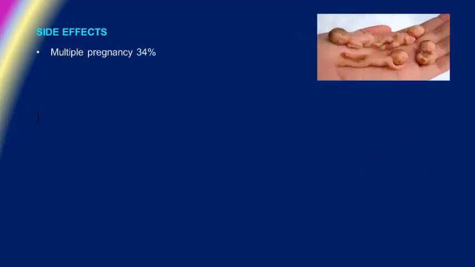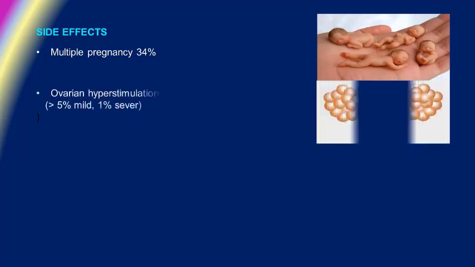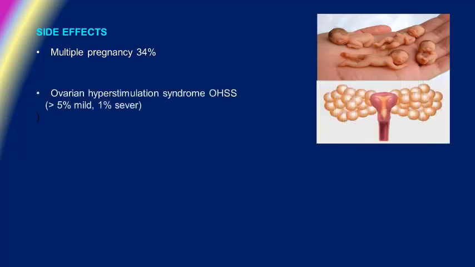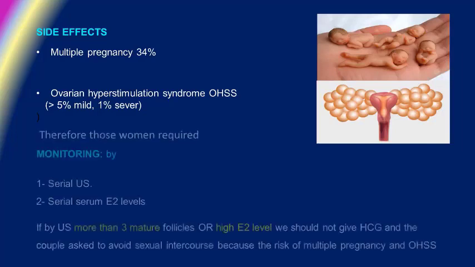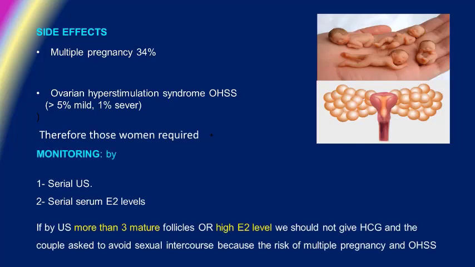Side effects of gonadotrophin. Common side effect is multiple pregnancy, which is about 34%. Second side effect is ovarian hyperstimulation syndrome. The mild form is more than 5%, severe form is about 1%. Because of those side effects, women on gonadotrophin treatment require monitoring.